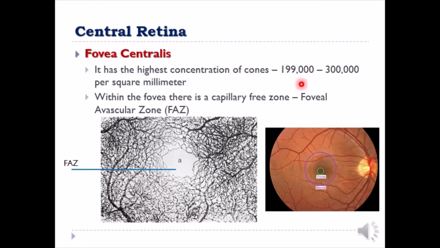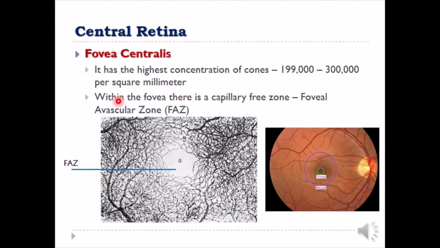We already know that cones help us see sharp vision as well as see in bright light. Within the macula, the fovea has the highest concentration of cones, and you can count it per square millimeter.